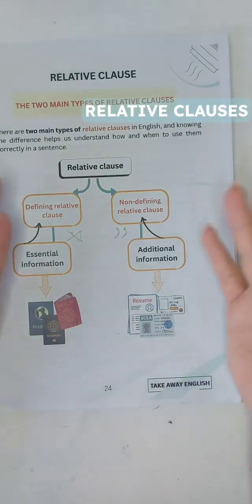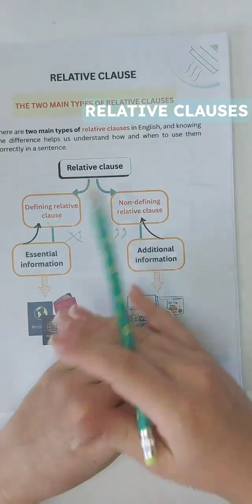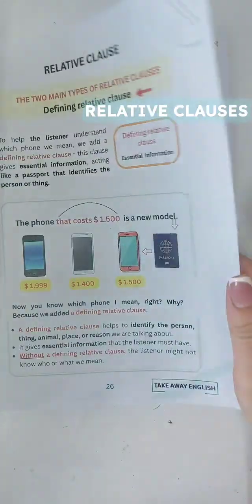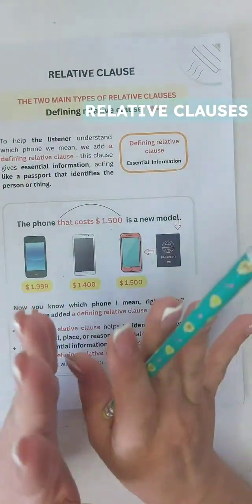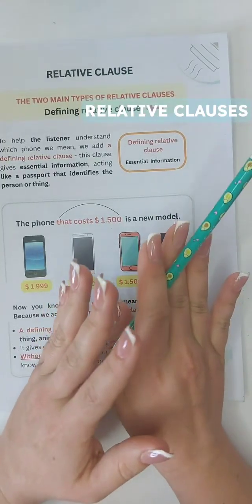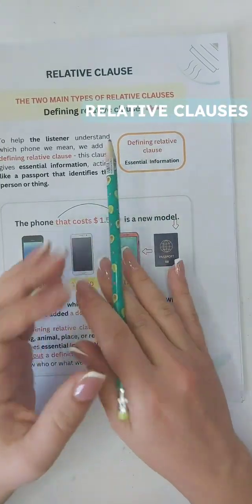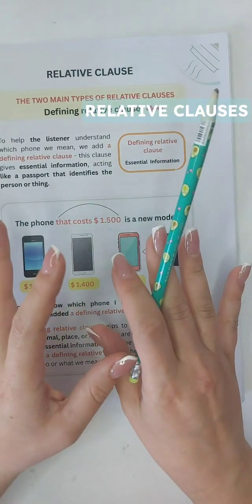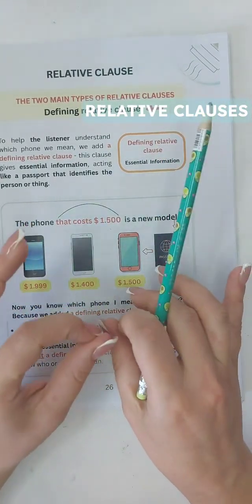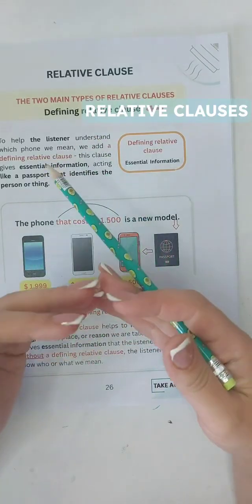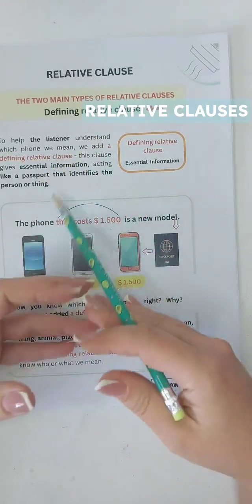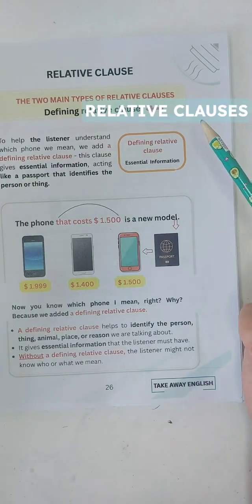So we already covered all the basics, right? Then we went even further and covered the zero relative. The zero relative that helps us sound more natural and fluent, right?